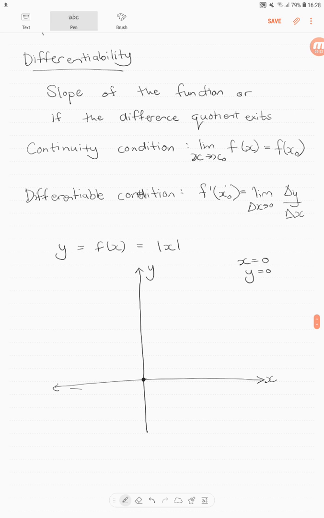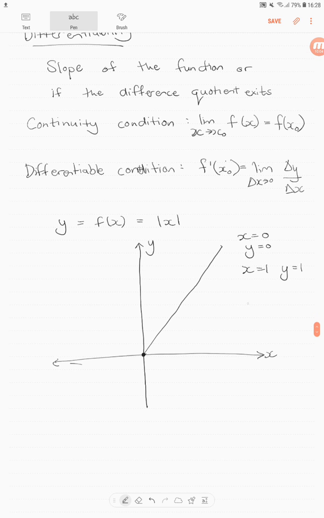So we have that point. If x is equal to 1, y is equal to 1. So on our right hand side, this will be a positive slope. If x is equal to minus 1, y will be equal to 1, which means we have a negative slope from the negative side.